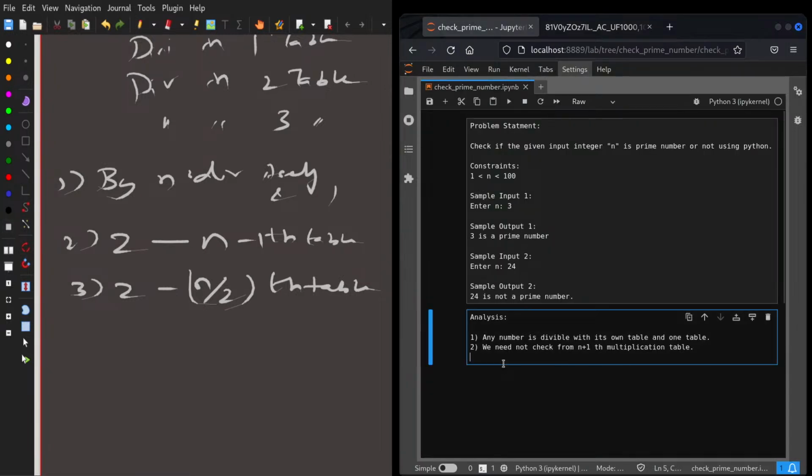Now, let's see how up to 3. If n is not prime, then we can identify it within n by 2 table, 2 to n by 2 table.